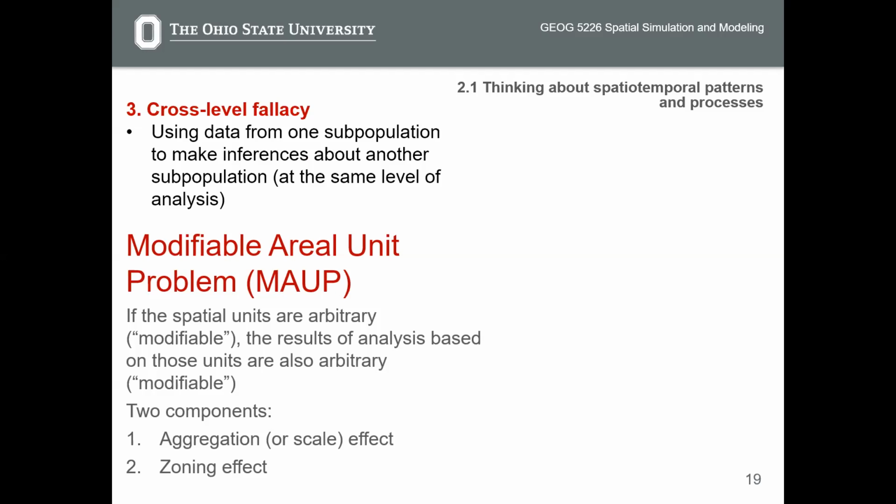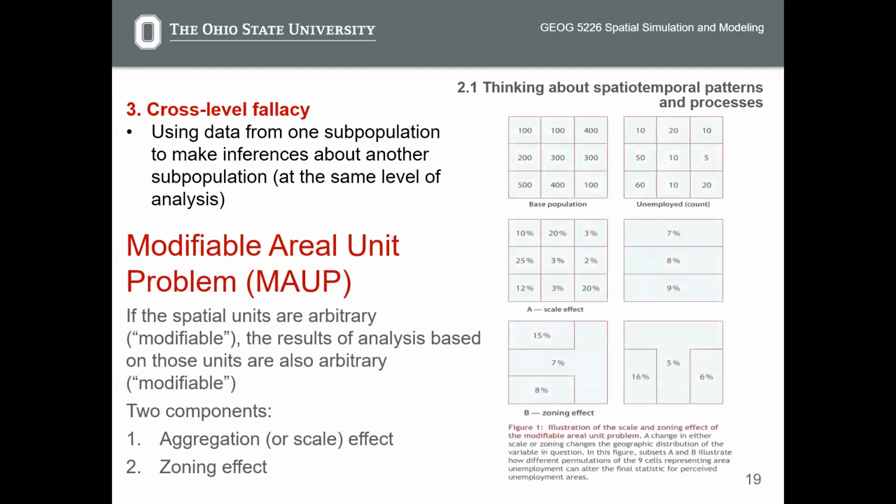And if you have drawn some conclusion based on a specific zoning method, that conclusion stays with that specific zoning method. If you change the zoning method to rezone the same area, to divide the same area into small units using different methods, your conclusion should not be applied.